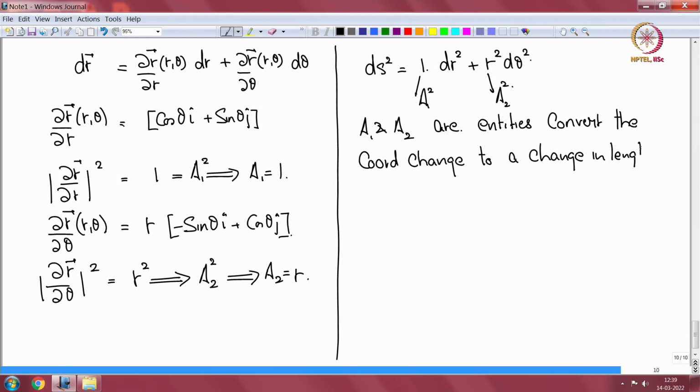Very often the coordinate is theta, angular, and that has to be converted to a length. So that is accomplished by a1 and a2. Time is running out, so I will close this lecture here and we will continue from here in the next class. Thank you.